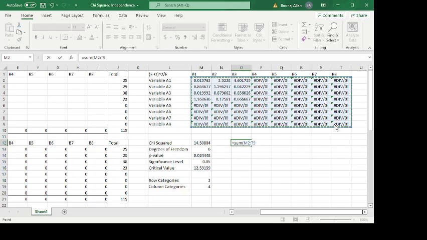So if instead of doing sum, you write sum if, and then you can select the whole table, but then you add comma, and this very specific text. So in quotation marks, you put less than greater than, number sign, and then div/0, and then exclamation mark.